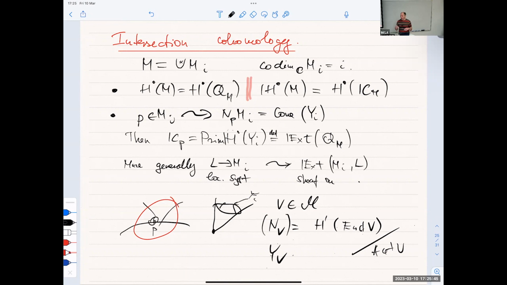So if V is stable, then Aut V, as is well known, is just C star, and then you get a projective space, and N_V is just the vector space. The vector space is the cone of a projective space, right? And if it's more complicated, then you get some toric quotient. But you could also in principle get a non-toric quotient if the automorphism group is more complicated. But that's the model we use for this.